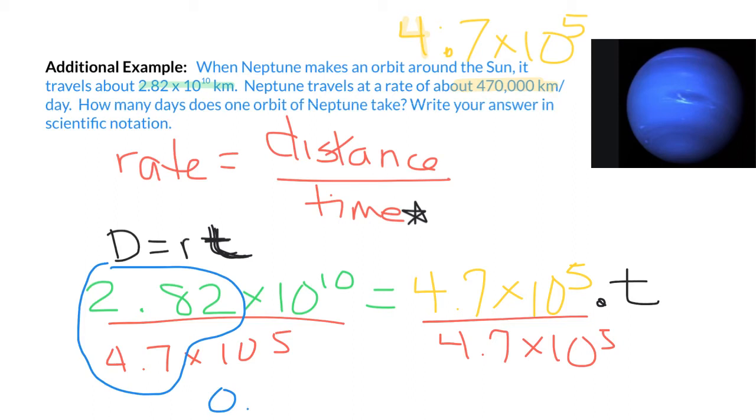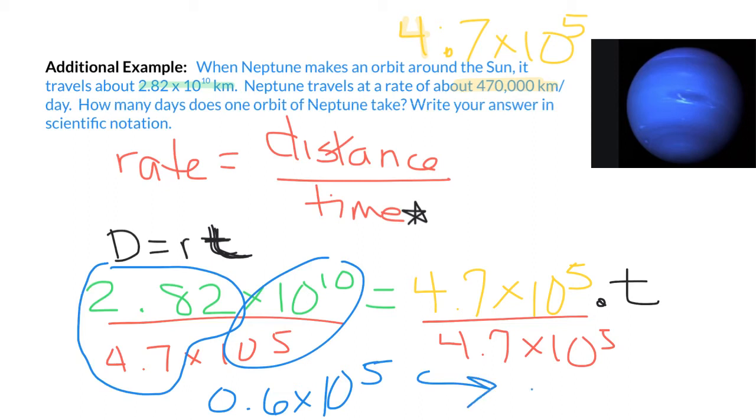And that's going to give me 6/10 times. Now I'll take care of these two. Remember, you subtract the exponents. And so your final answer will be 6 times 10. Because you had to move your decimal point one space to the right, you're going to add 1 on to the 5. So that's going to be 6 to the 6th power.